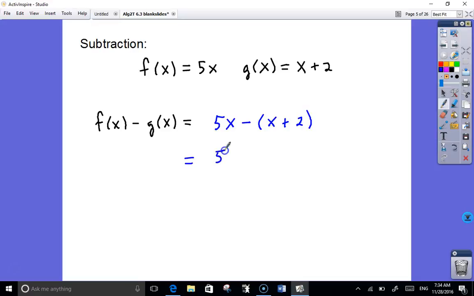So that is 5x minus (x plus 2), which is 5x minus x minus 2. Combine like terms: 4x minus 2. That's the source of mistakes, because we don't take into account the negative in front of parentheses. The domain, since we started with all real numbers, is still all real numbers.